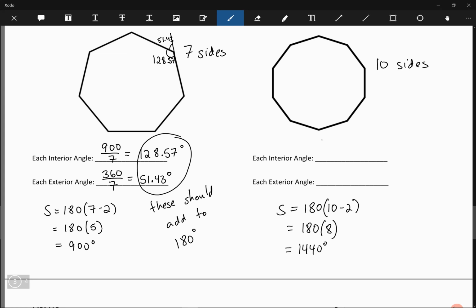So the interior angle is 1440 divided by 10, which is 144 degrees. And the exterior angle is 360 divided by 10, 36 degrees. And 144 plus 36 does add up to 180. So the math works out.